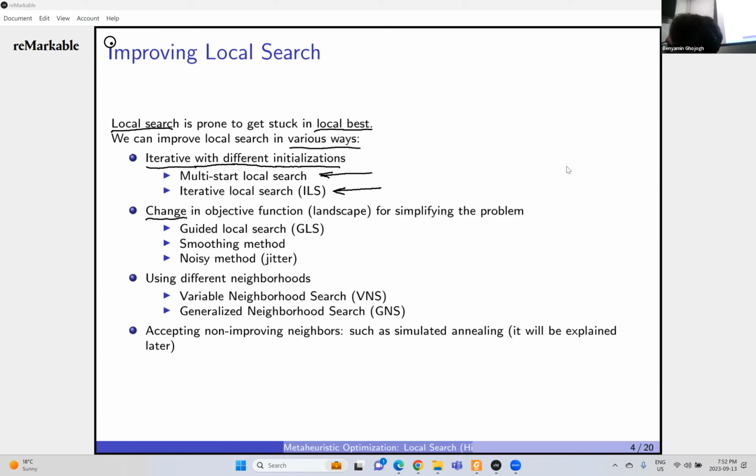We can change the objective function or landscape for simplifying the problem. So for this, we have three things at least: guided local search or GLS, smoothing method, and noisy method or jitter.